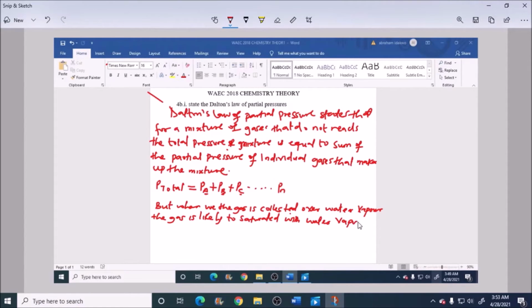Then the mathematical expression will change from the first one to having P total equal to P gas, that is the pressure of the gas, plus P water vapor, that is the pressure of water vapor.